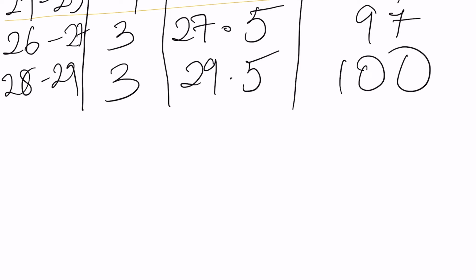Now for our cumulative curve, basically it is the cumulative frequency against the upper class boundary or the upper class mark. So to construct our cumulative curve, for the cumulative frequency axis we can just pick 10, 20, 30, 40, 50 up to 100.